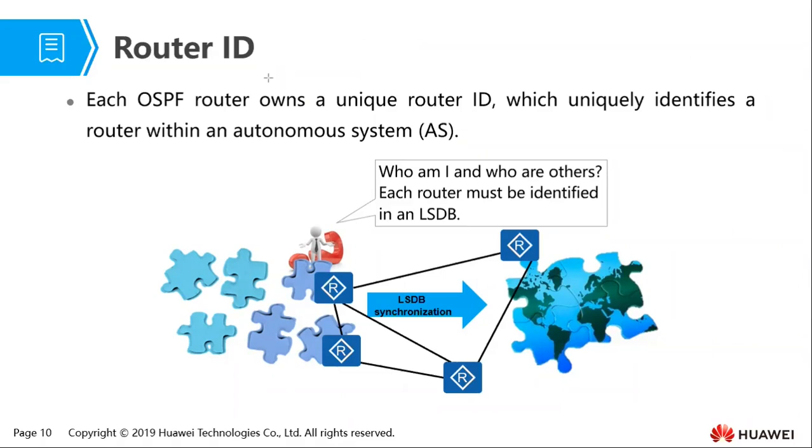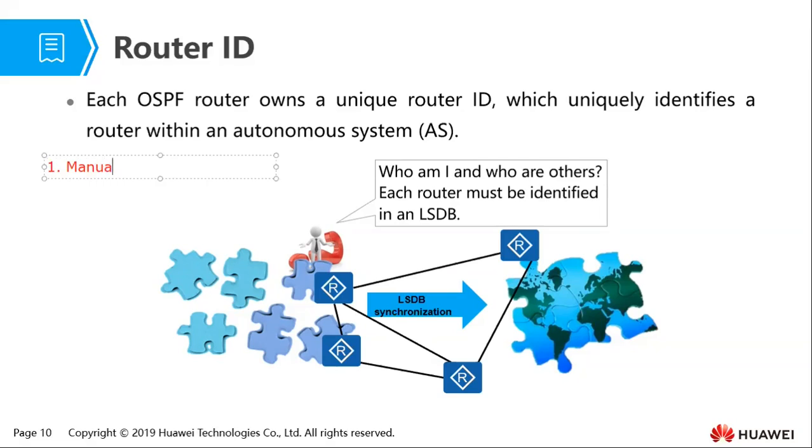If it's not configured, you get the loopback address. Yes, the largest IP address on any of the loopback interfaces. And if that is not the case, it gets the highest interface IP address. Exactly, physical interface. The largest IP address of any of its active physical interfaces as its router ID. And among those three ways, which one is the most recommended? The manual configuration. Manual, exactly.